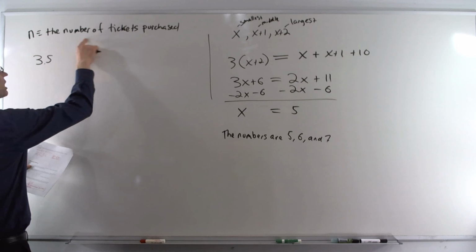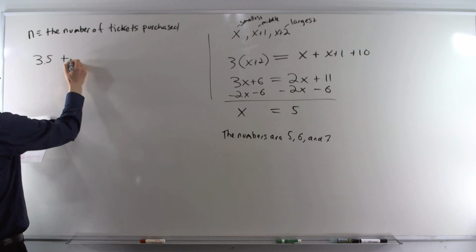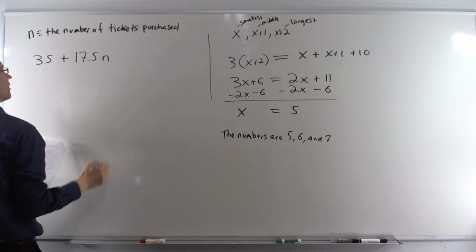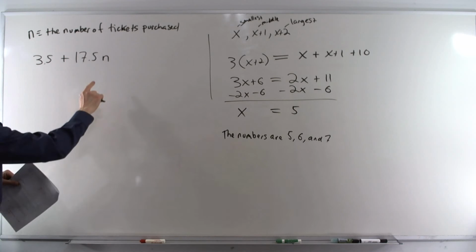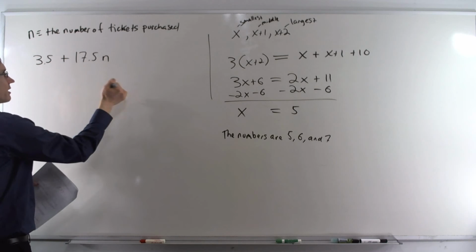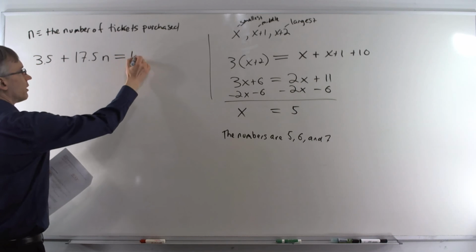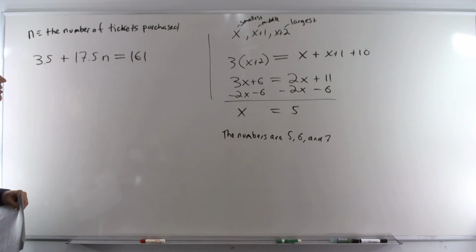We define the number of tickets to be n, so that's going to be 17.5 n. Number of tickets by the price per ticket is 161. So there's the equation we need to solve to find the number of tickets.